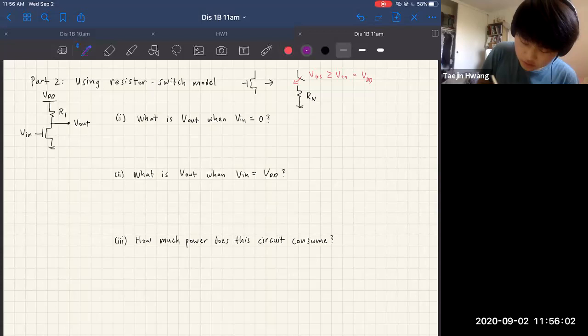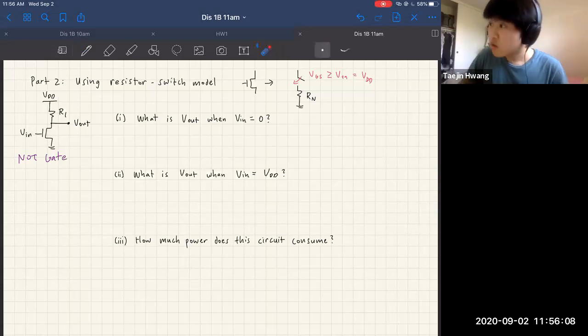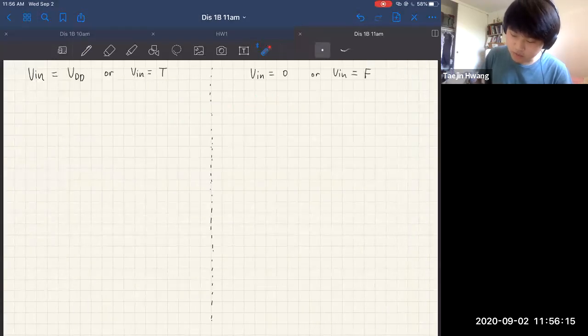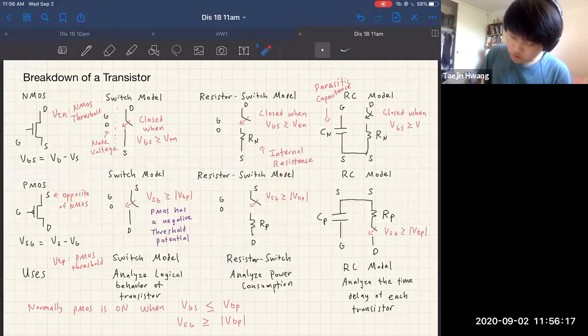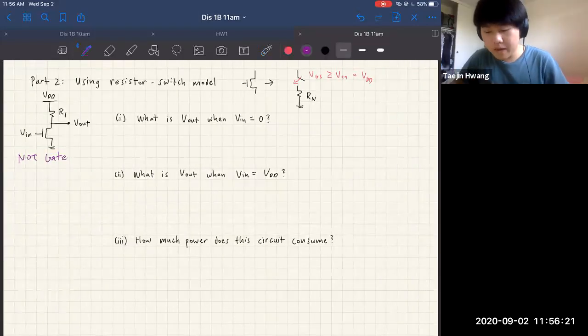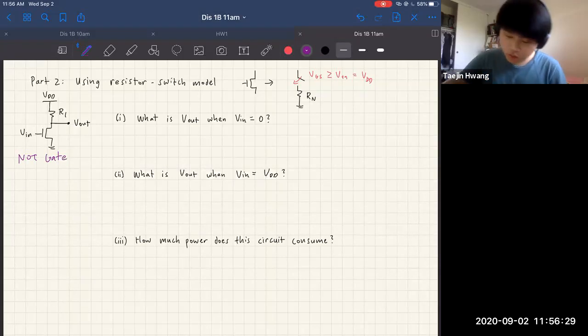This is another NOT gate, and we're using the resistor switch model of the transistor, the second model we were talking about. The main reason we're doing this is because we want to analyze the power consumption. So the first question they ask is, what is V out when Vn is equal to 0?